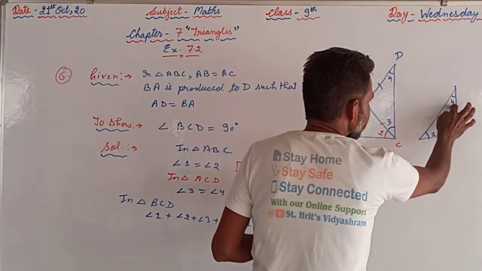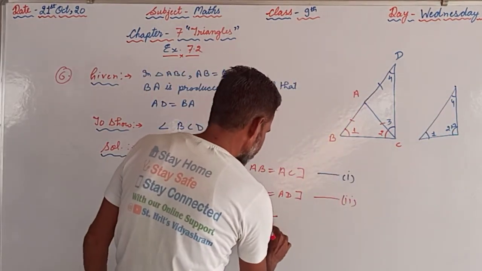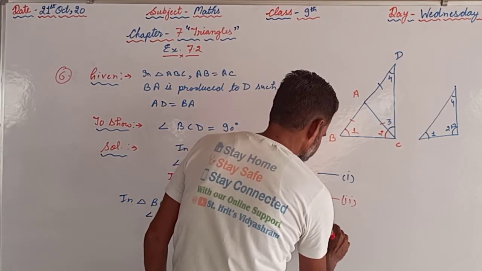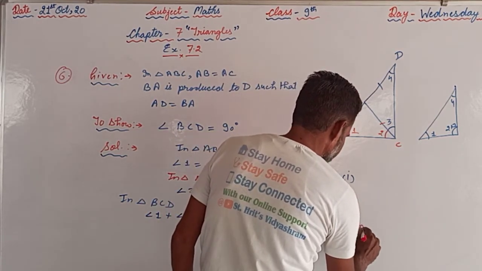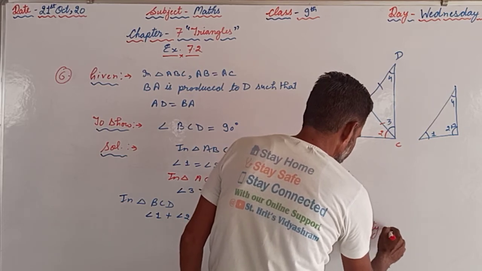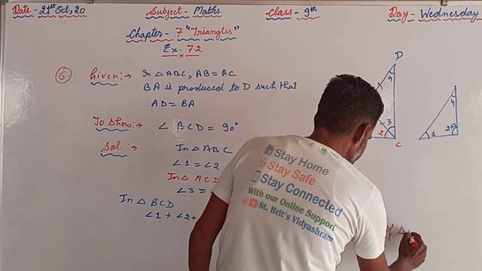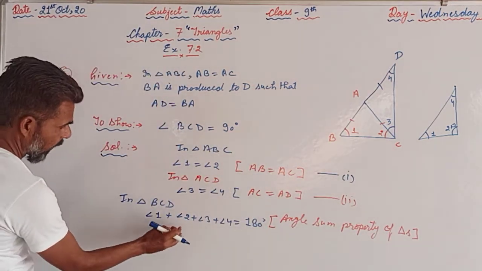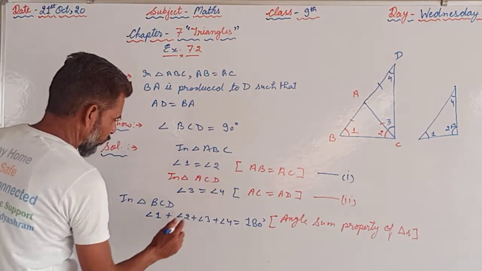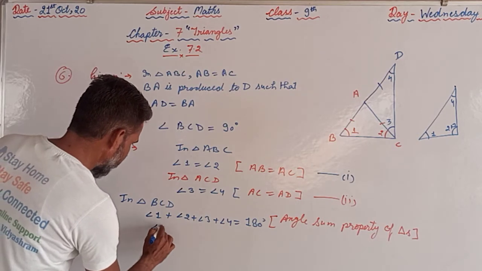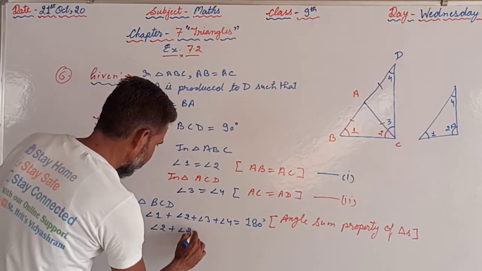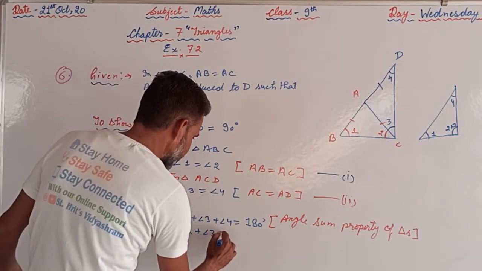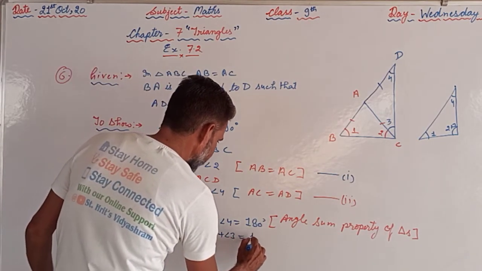Because these are the angles of a triangle, means angle sum property of triangles. But angle 2 is equal to angle 1, so in place of angle 1 we can write angle 2. In place of angle 4 we can write angle 3, because angle 4 is equal to angle 3. So angle 2 plus angle 2 plus angle 3 plus angle 3 is equal to 180 degrees.